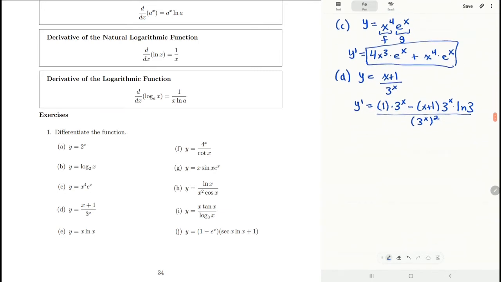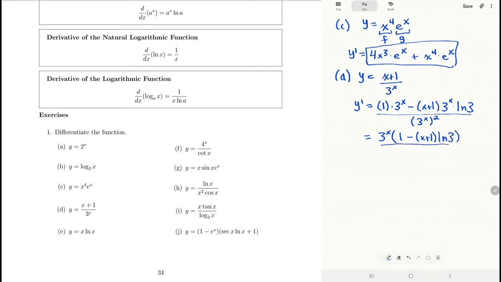And so here we can simplify. In the numerator, we have a common factor of 3 to the x. So we can factor out 3 to the x. We then have 1 minus x plus 1 times the natural log of 3.